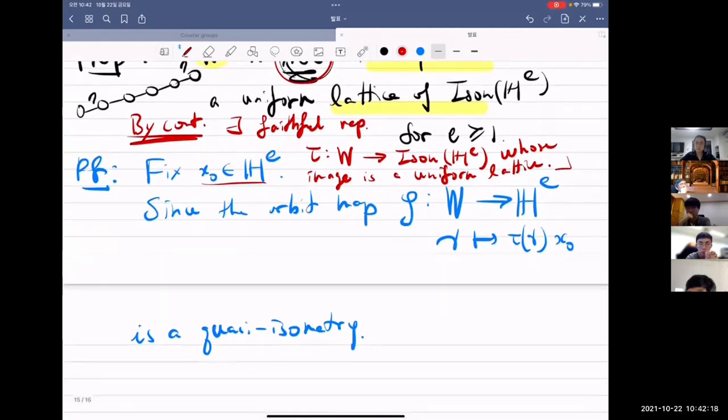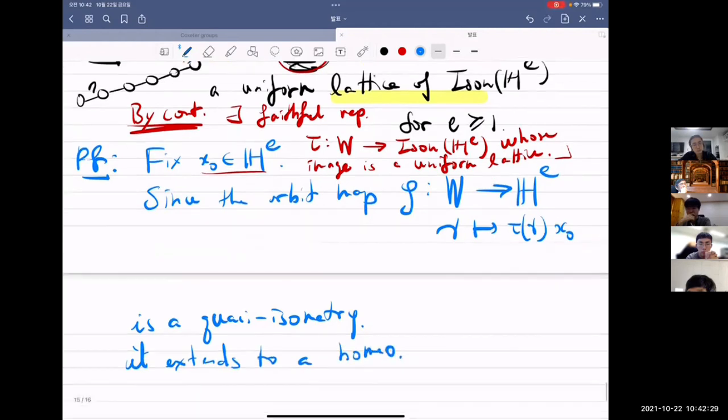So it extends to a homeomorphism from the boundary of the group to the boundary of hyperbolic space.